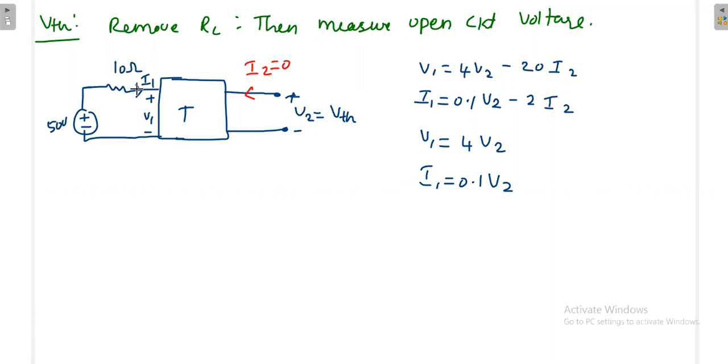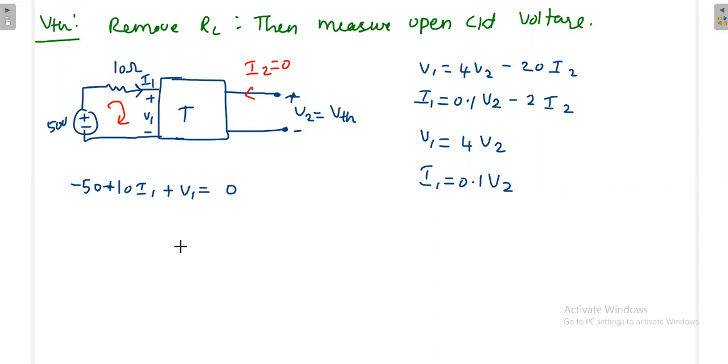So to find I1 or V1, you apply KVL in this loop. Once you apply KVL, that is minus 50 plus 10 I1 plus V1 is equal to 0.